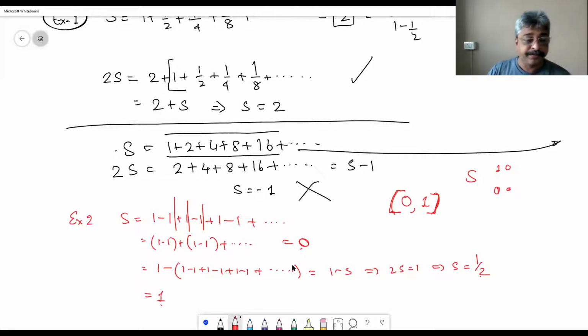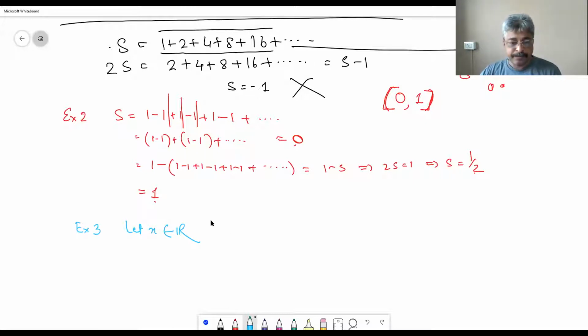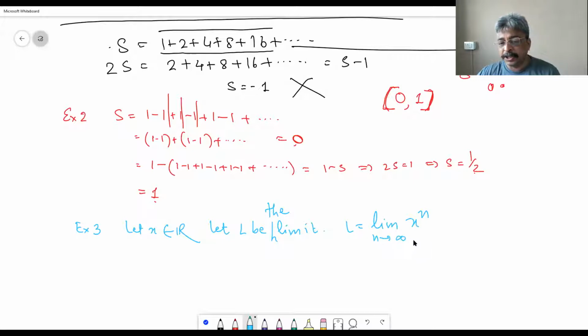Example number 3. Let x belong to R. Let L be the limit, L is equal to limit of x raised to n, n tends to infinity.